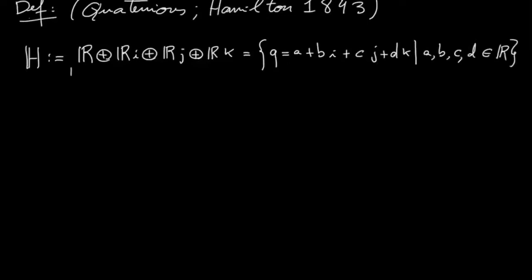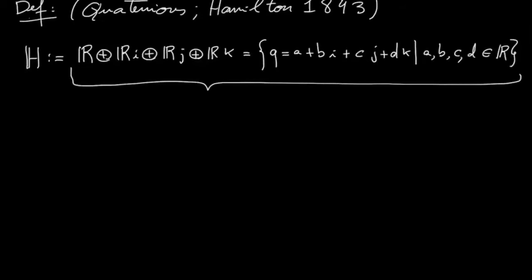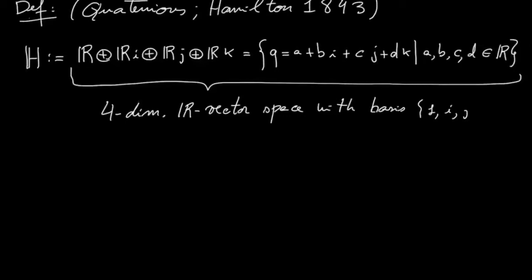So this is a four-dimensional R vector space with basis 1, i, j, and k. And on this vector space, one introduces a multiplication as follows.